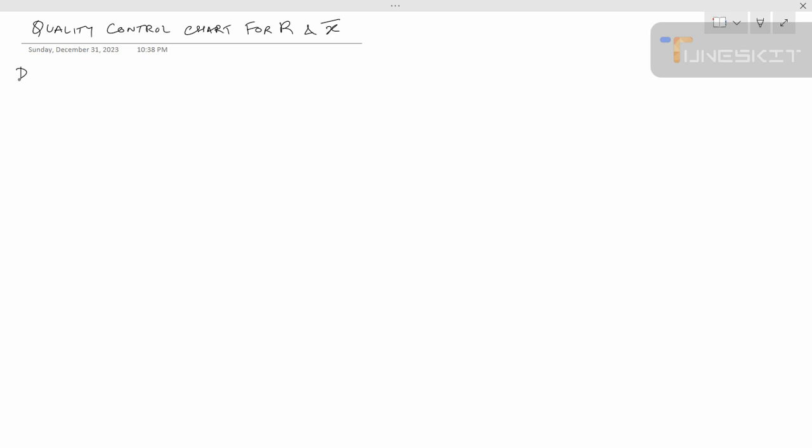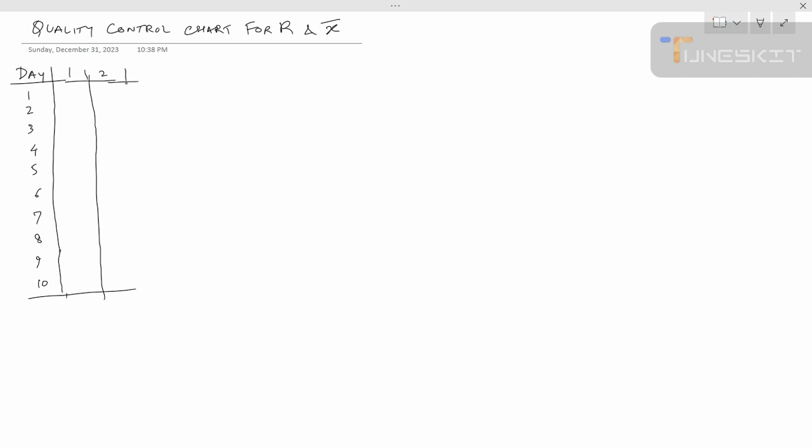So again we observe, on 10 days, the performance or the time that a teller takes to resolve the problem of each customer. And let's assume that during 1 hour, after every 15 minutes, one customer is selected at random.